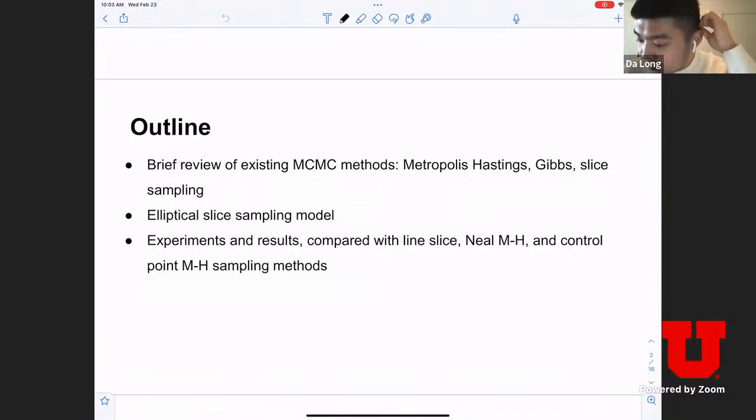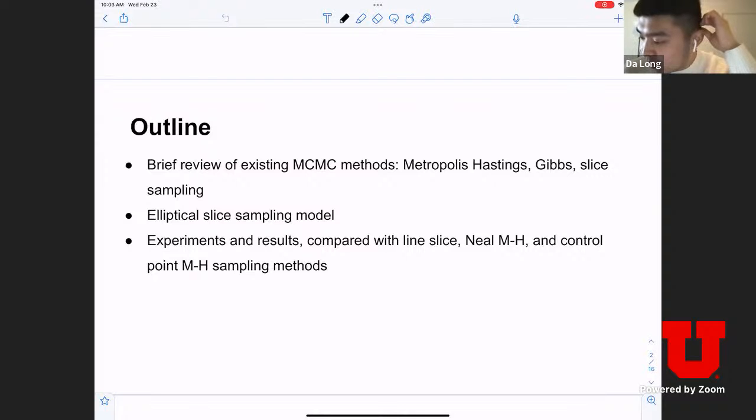For the first part, I will do a brief review of MCMC, especially focusing on detailed balance. This is because the proof of elliptical slice sampling is based on detailed balance. Then I will do a brief review of three MCMC samplers: Metropolis-Hastings, Gibbs, and slice sampling.